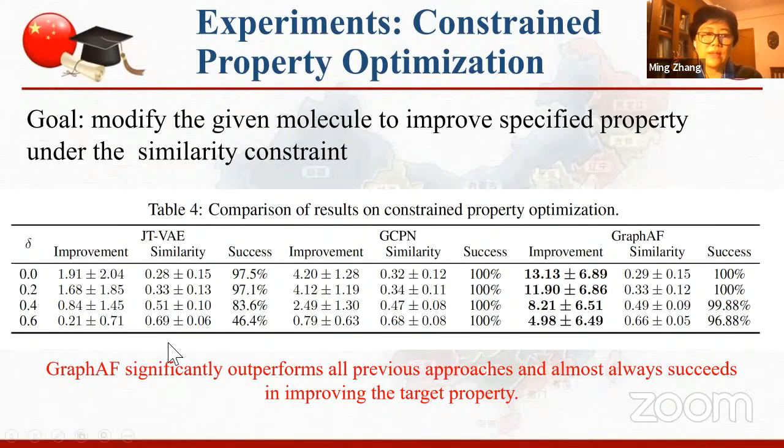Also, for the constrained property optimization, we can see that comparing with the baselines, GraphAF significantly outperforms all previous approaches, and almost always succeeds in improving the target property.